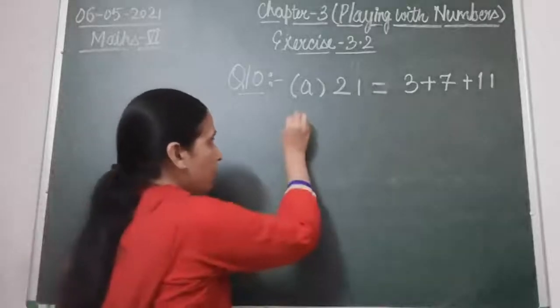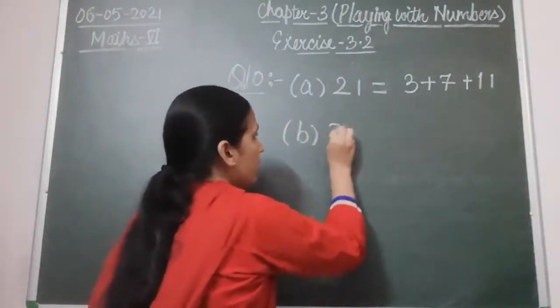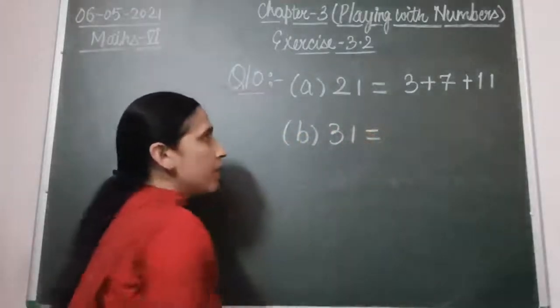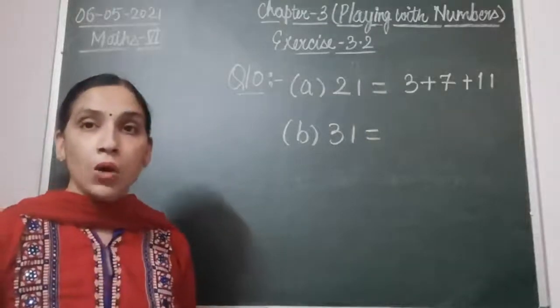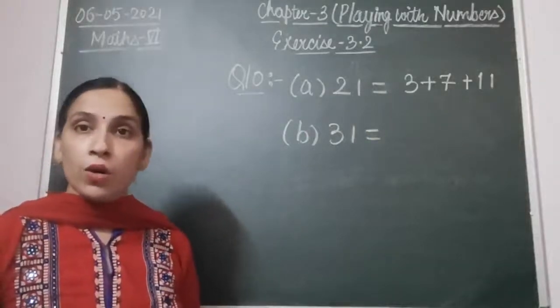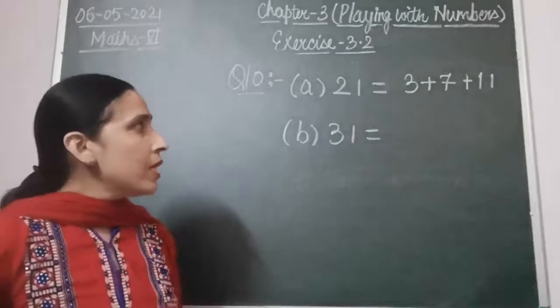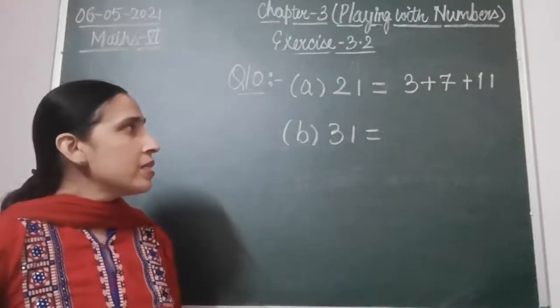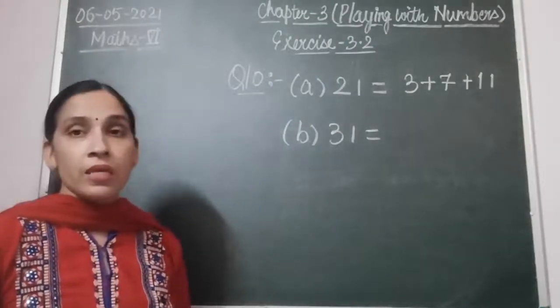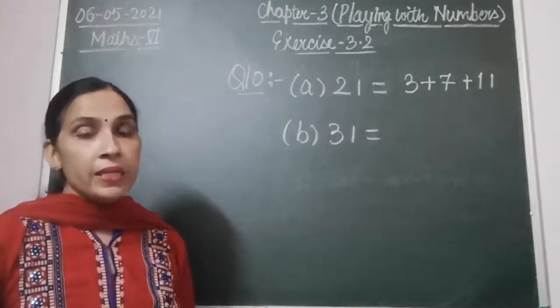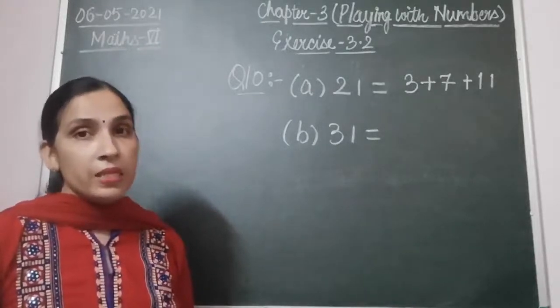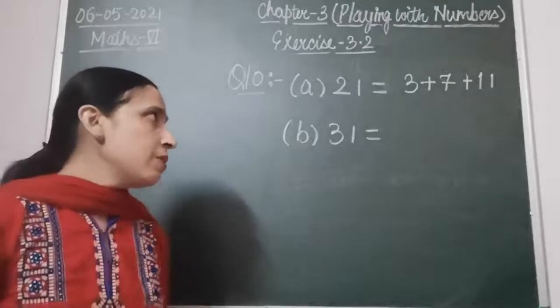Now let's come to part B, that is 31. How can we write 31? If I add 11 plus 7, the sum will be 18. 18 plus 13 will be 31.